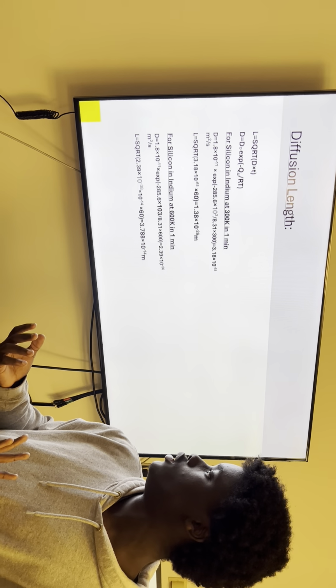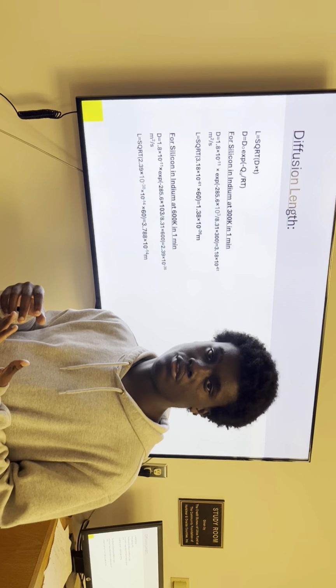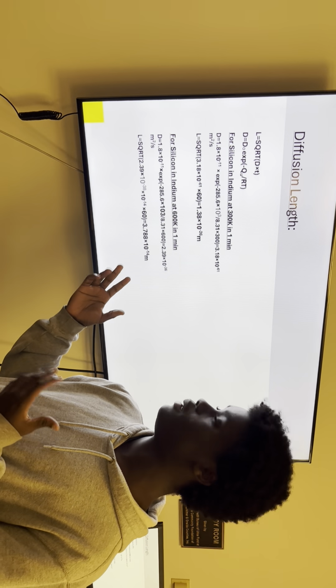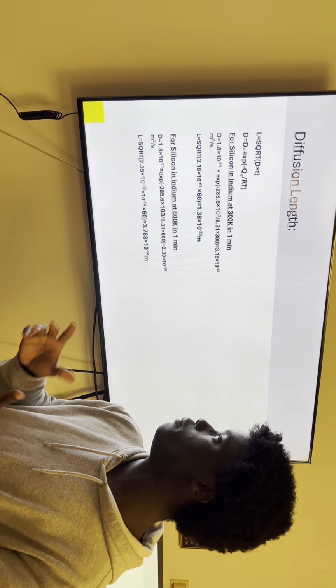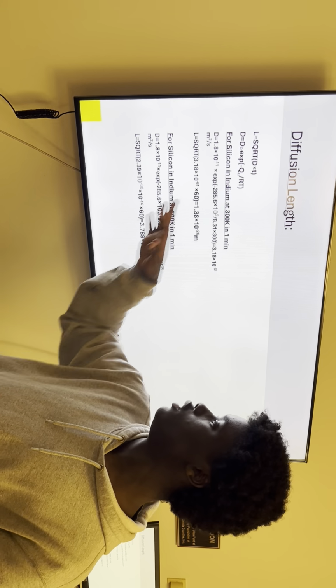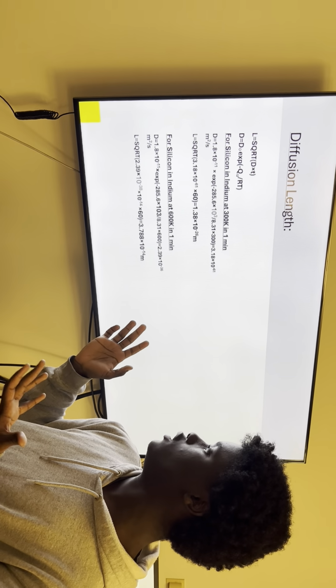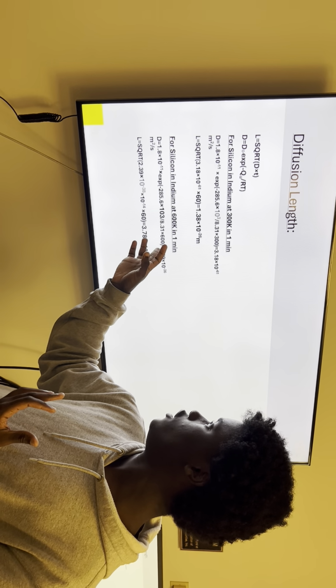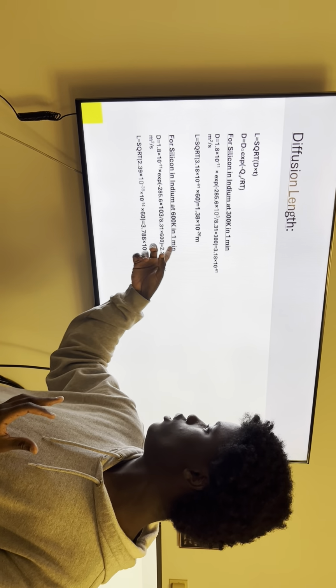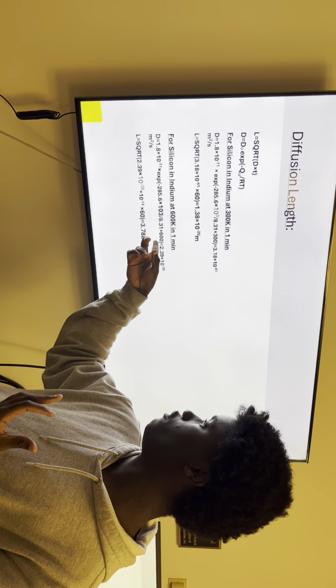For the diffusion length of silicon in indium at 600 Kelvin in 1 minute, it's going to be the same method. We're going to use the same formula, but what's going to change is the temperature here. Instead of plugging in 300 like we did here, we're going to plug in 600 because it's 600 Kelvin.